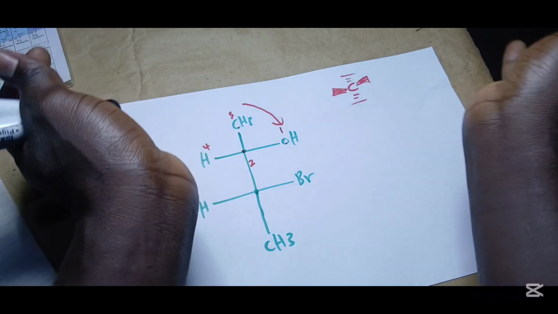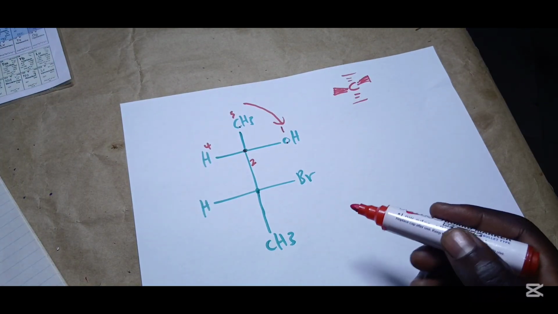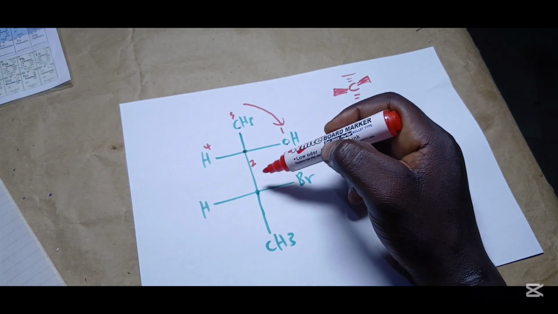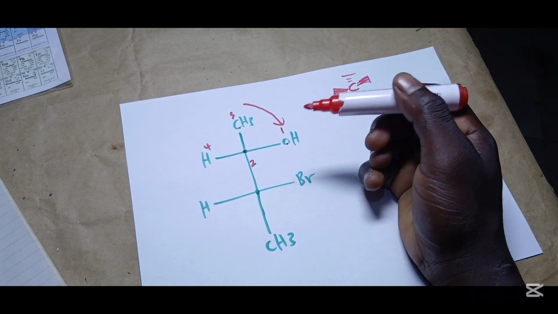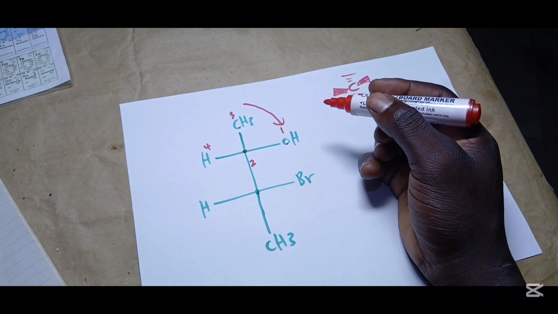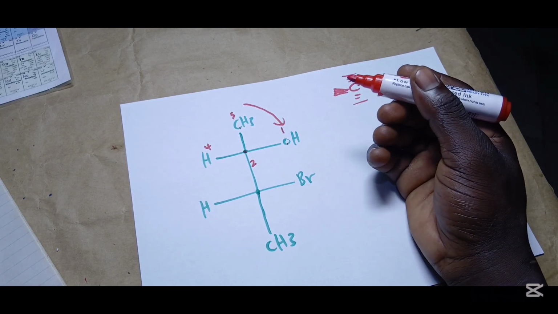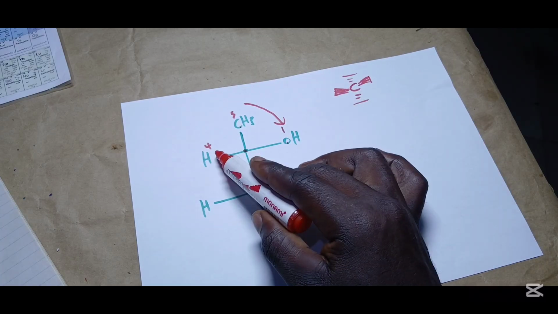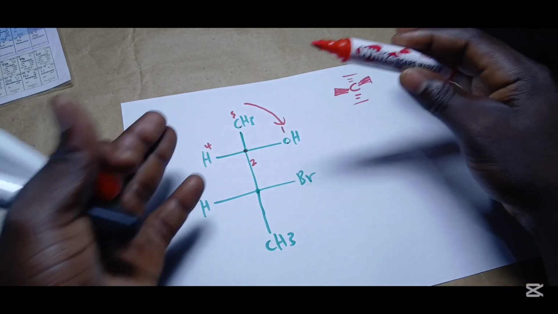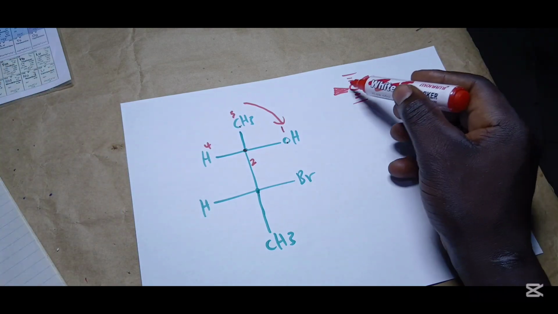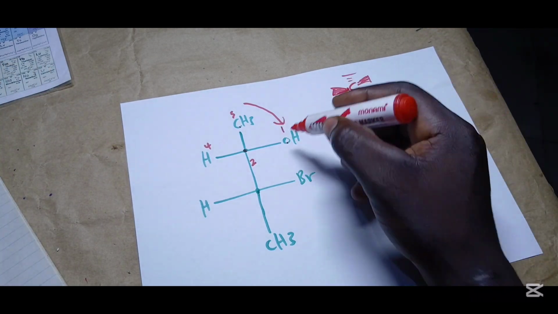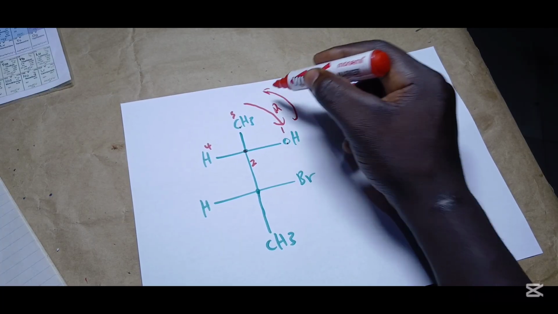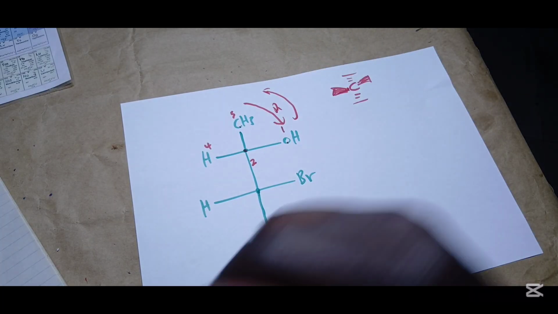And those on the sideways are on the solid wedges. So if our least priority group is not either at the top or the bottom, then we have to change the configuration. Remember, our LPG should be on the dash wedges. So here, LPG number 4 is on the solid wedges because it's on the sideways. So we have to turn the configuration. This is R, but we have to turn the configuration to get an S.